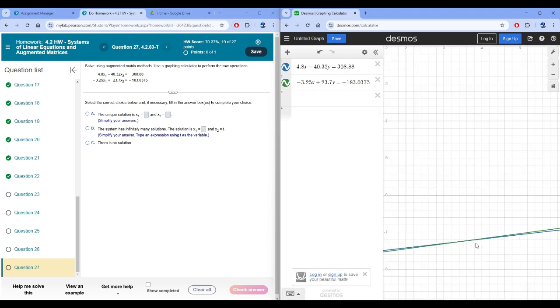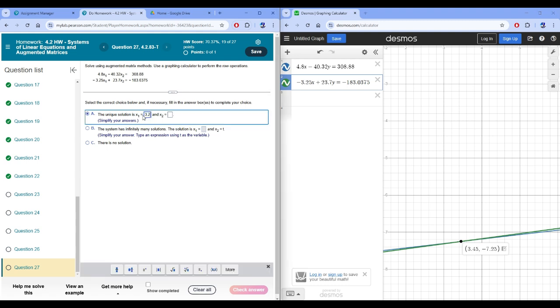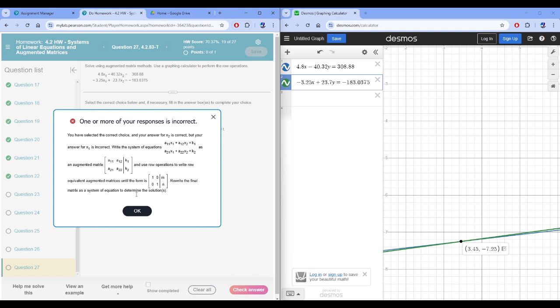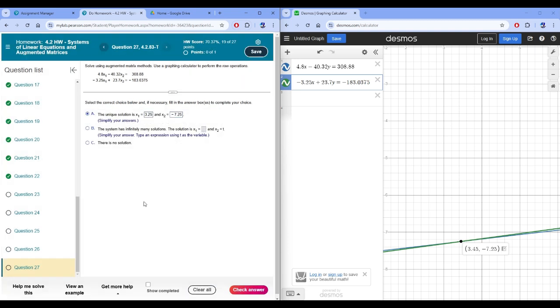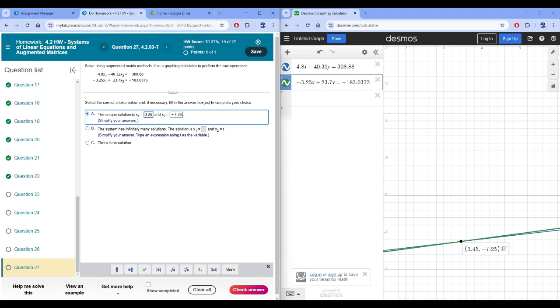And my intersection is somewhere right there. So the solution is x equals 3.45, and my y is negative 7.25. Cool. Check it. Oh, 3.45. I put 25. 3.45, negative 7.25. Check answer.